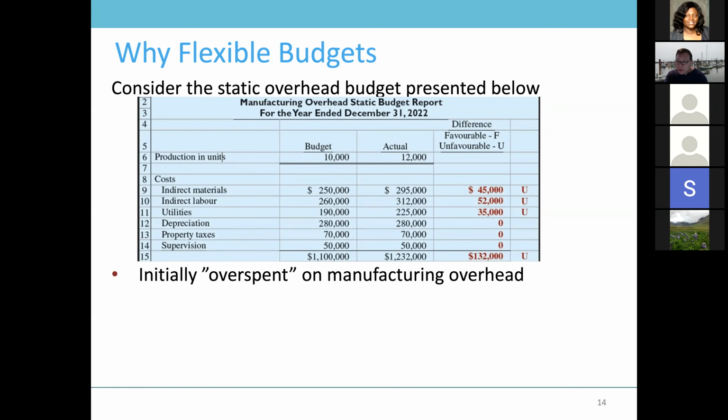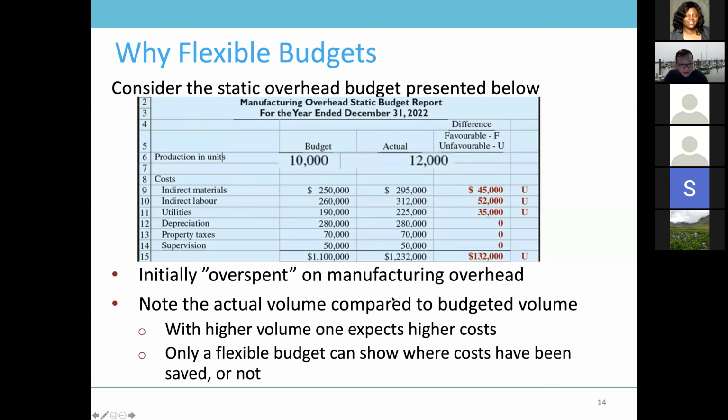So how can you tease out how much of this difference is due to the change in the level of production, and how much is due to some other factors? You are trying to understand, right? So then you see the limit of the static budget, because it only has one level. It would be nice if for the budget they provided a level of 12,000. Then you can compare, right?